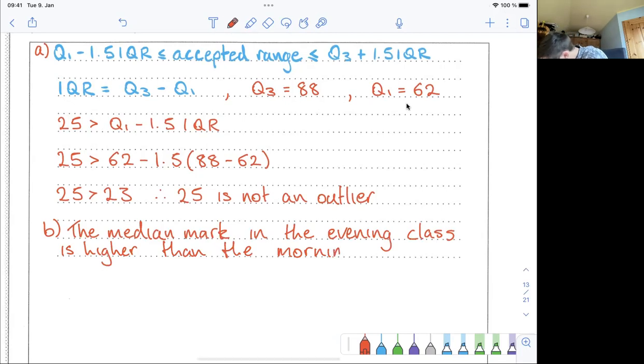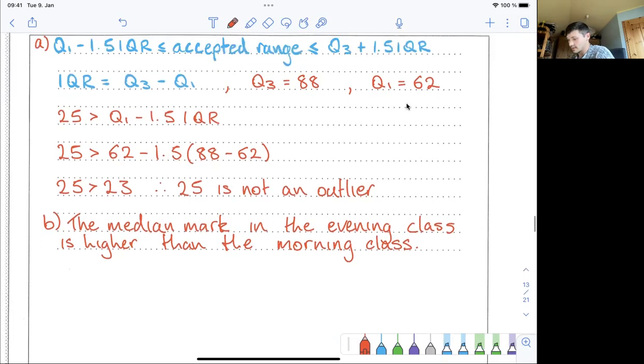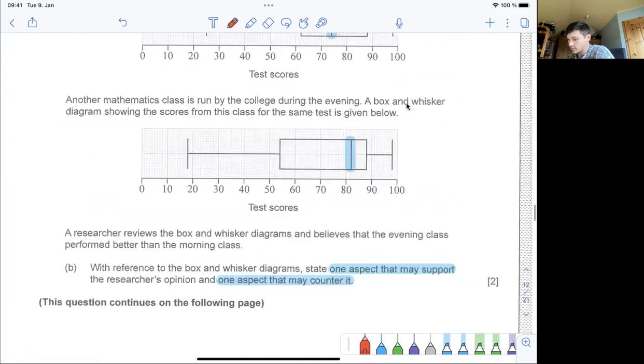Okay, so there is our one aspect that supports the researcher's claim.